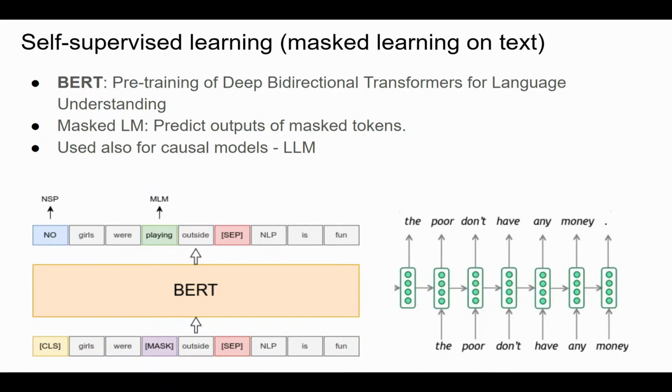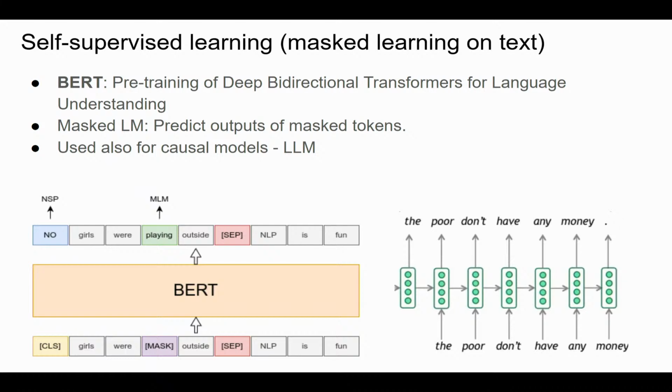If we look at NLP and speech, and especially in text, it's mostly masked models because there it's easy. So you have things like BERT, very simple. You just take a lot of text, put it as an input of a model, mask some of the tokens, and you try to predict those tokens.